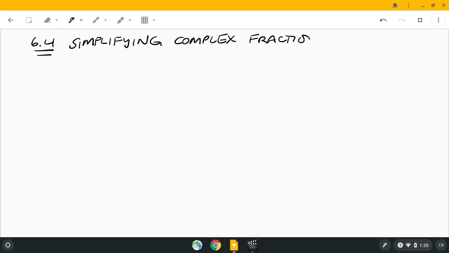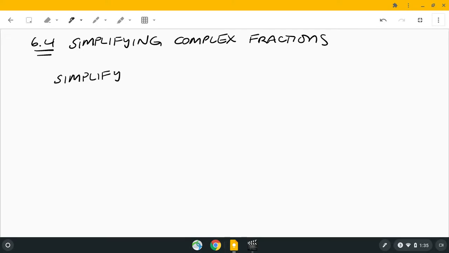We are starting with 6.4, simplifying complex fractions. So what we're going to be doing here is looking at how to simplify something that looks like this.